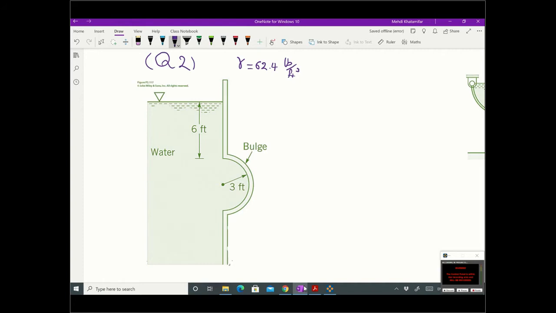What is the weight? Did you find the weight? Okay, Maria, how many pounds? 3,528. It's too much. So 62.4 times volume, pi r square. Okay, maybe I made a mistake.